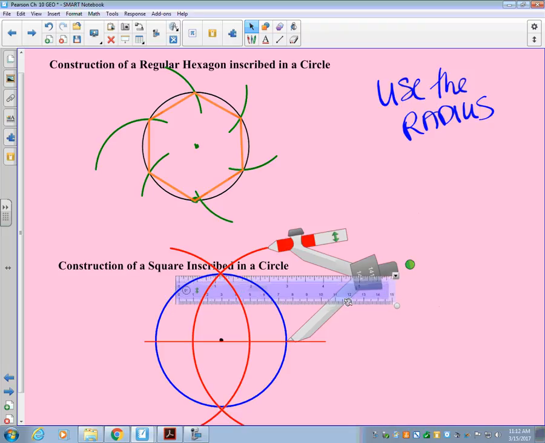Use your straight edge and draw a straight line through your perpendicular bisector. And then we'll finish this without our compasses on Wednesday. Go ahead and pass your compasses forward, please.